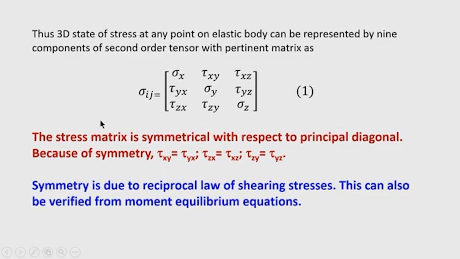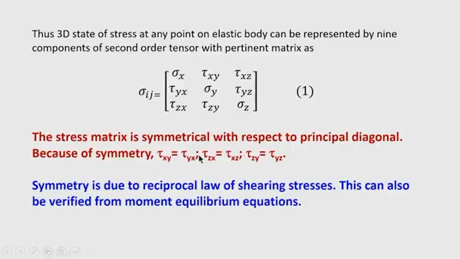It has been seen that, due to the reciprocal law in structural mechanics developed by Maxwell and later improved by Betti, these shear stresses are found to be symmetrical, that means tau xy is equal to tau yx, tau zx equal to tau xz, and tau zy equal to tau yz.